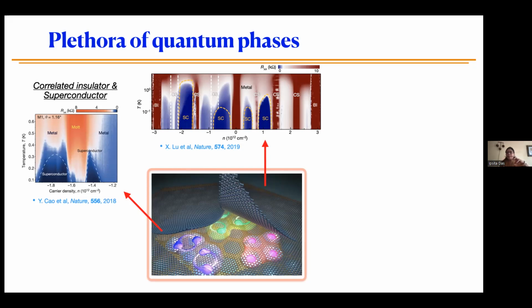Strain or uniformity of your hexagonal boron nitride, all these play a role. Or if you have a huge air bubble inside between your different layers, that might also change the twist angle locally, because that will give you a mechanical strain and it will change the twist angle locally.